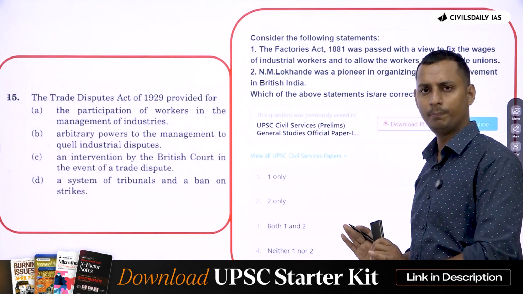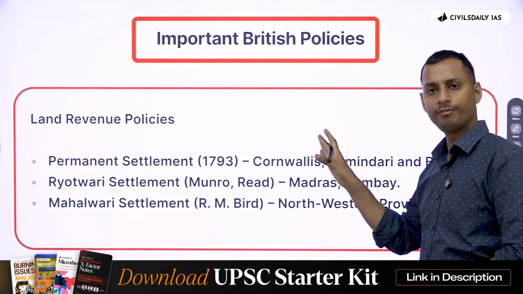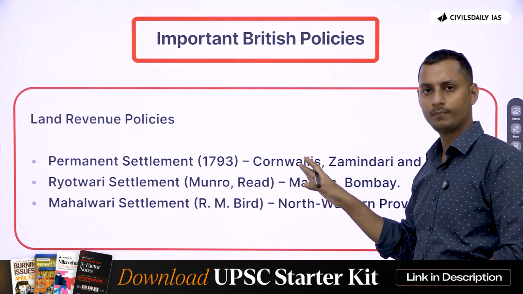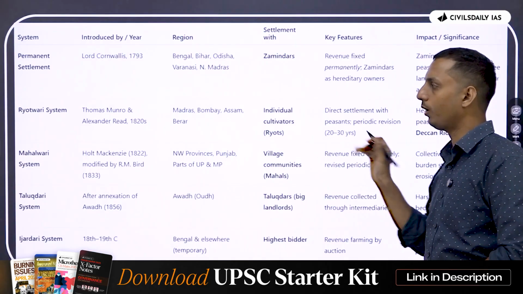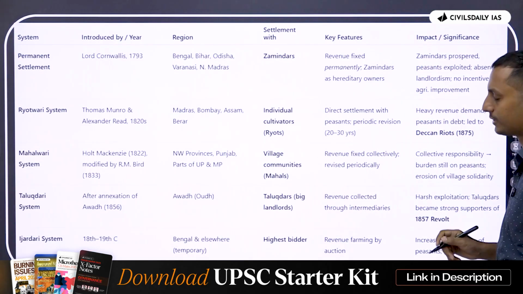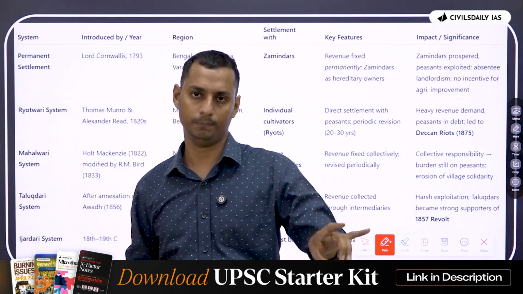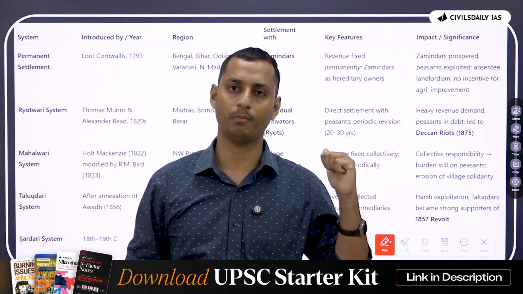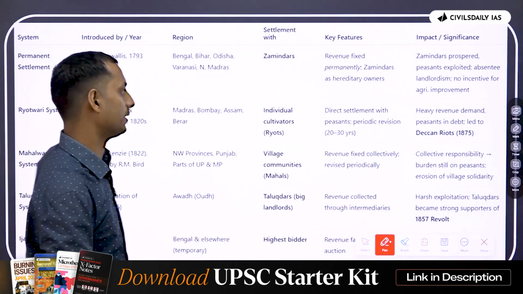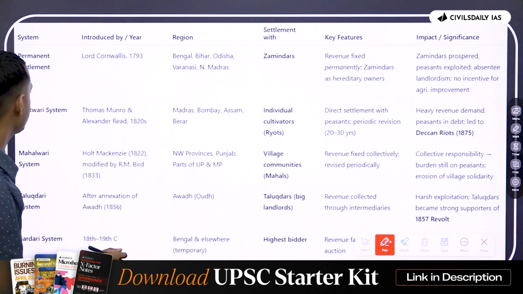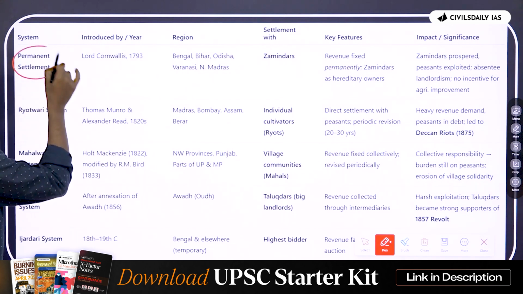So when you dive deeper, you will understand that you have to focus more on the land revenue policies, and do make a 1-page note on the same. Because as I always tell you, if it is an important micro theme, and this is an important micro theme, you have to make 1-page notes. Now, what are the areas that you have to focus on? First of all, what system is it?